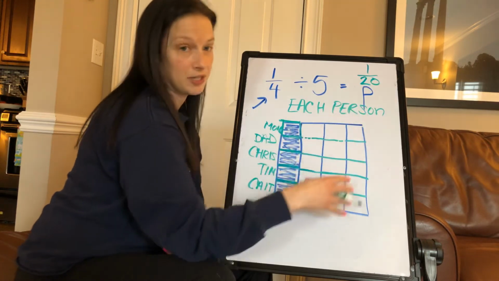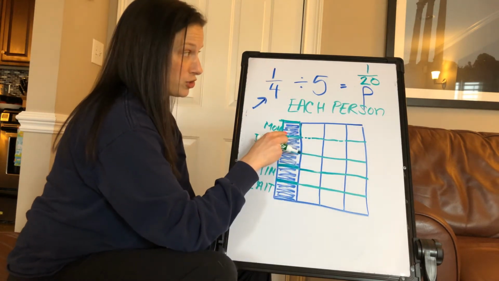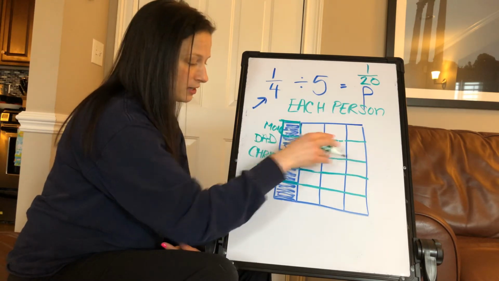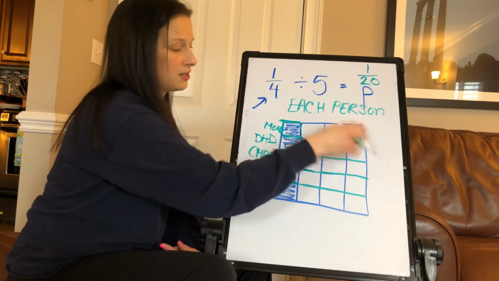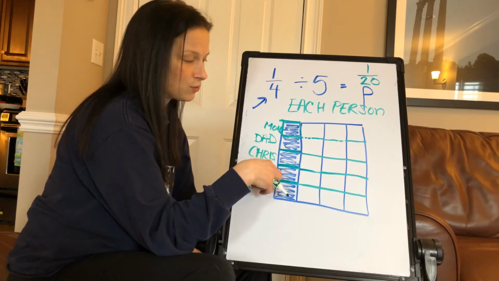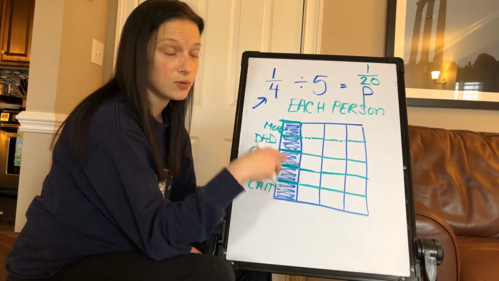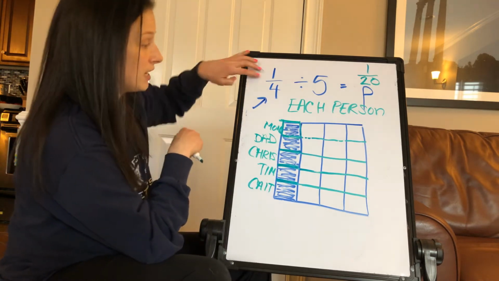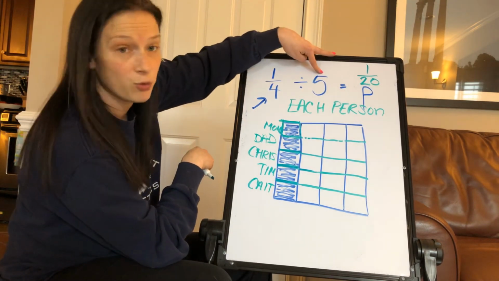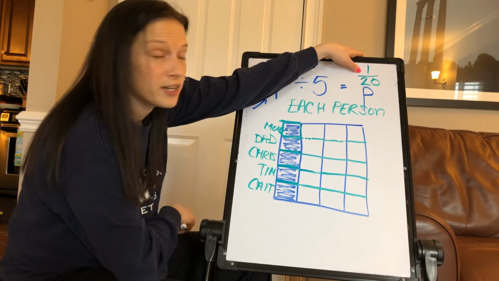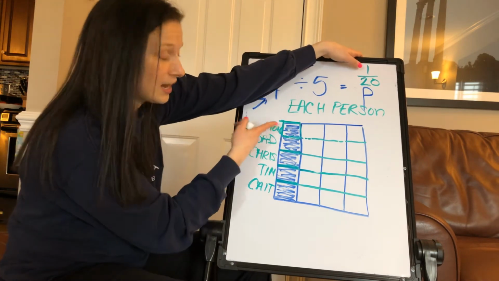So we're kind of make-believing that the pizza's there so we can see what portion she gets. Let's see, Dad gets 1 piece out of 20. Christy gets 1 piece out of 20. Tim gets 1 piece out of 20, and Caitlin gets 1 piece out of 20. So when we think about taking 1/4 and splitting it into 5 equal pieces, the size of each piece now is 1/20. You can see they obviously got smaller.